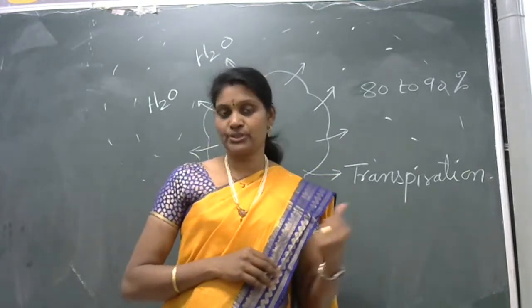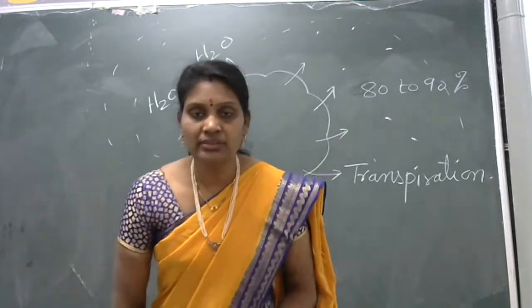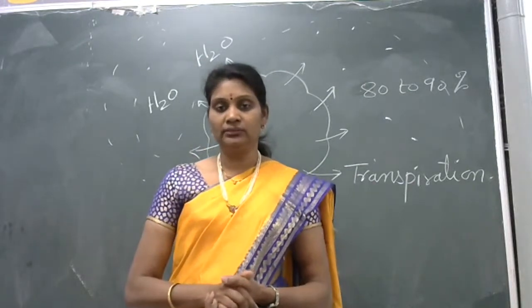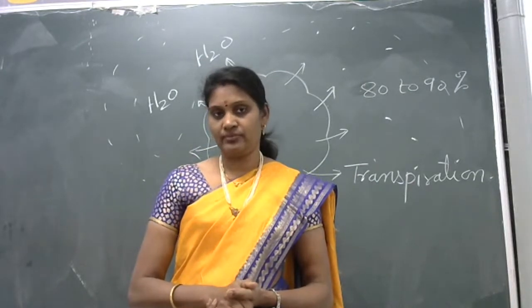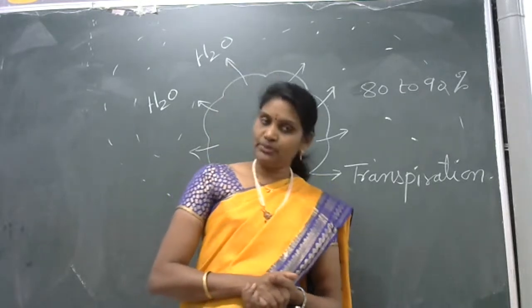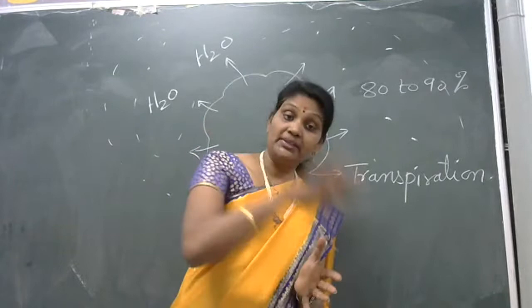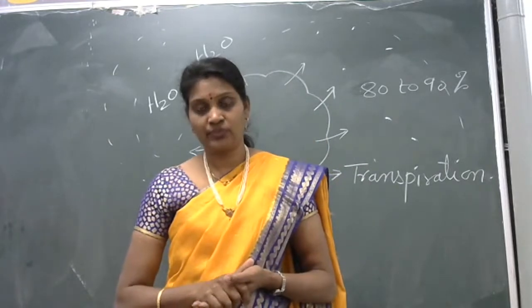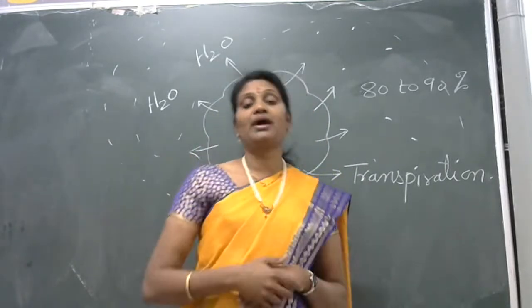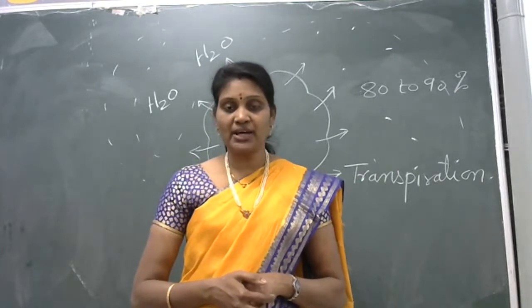Plants are producers and animals are consumers. है ना? Animals producer नहीं है. Plants are the producer. Animals are the consumers. They are dependent on the plants. We are also dependent on the plants. समझ में आ रहा है क्या?